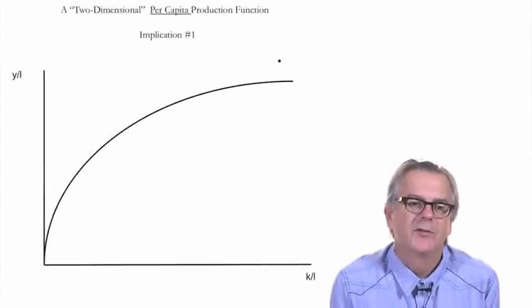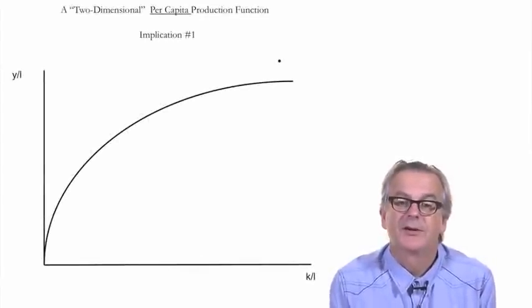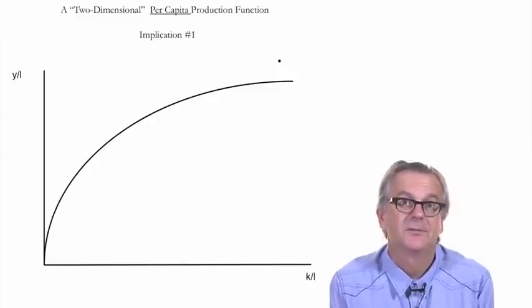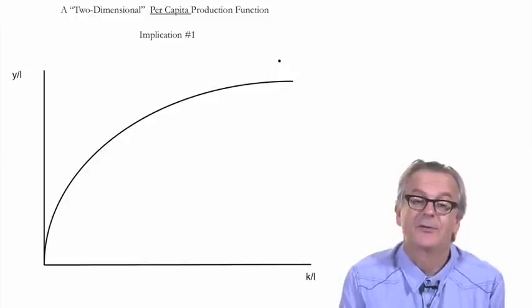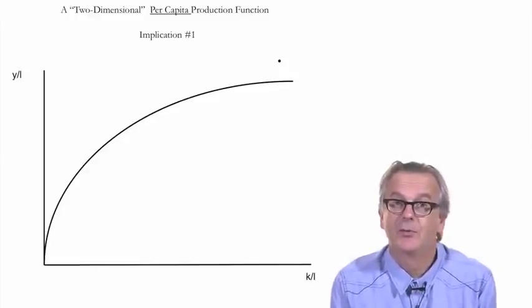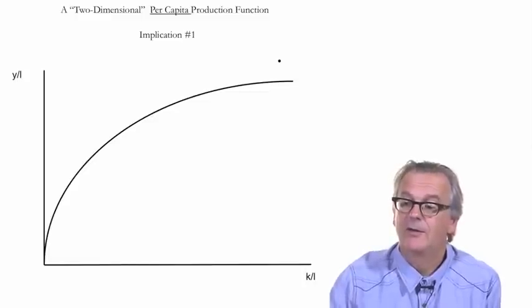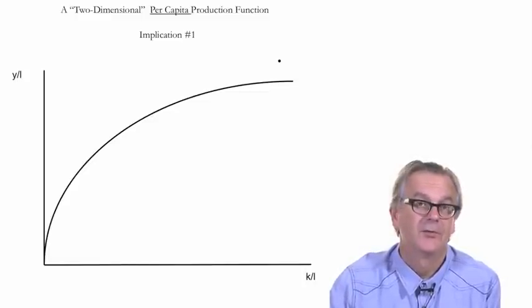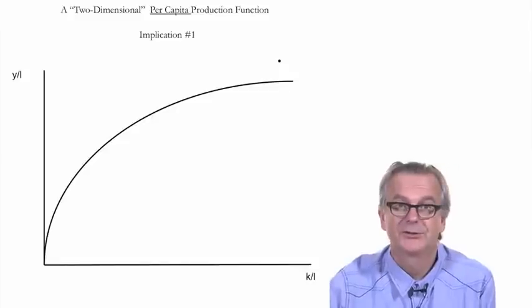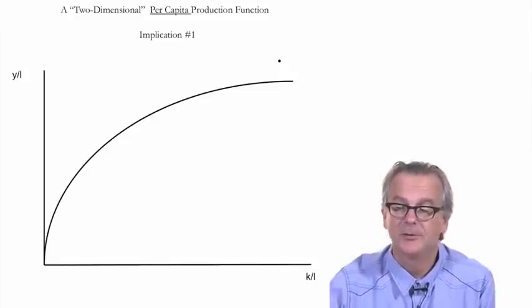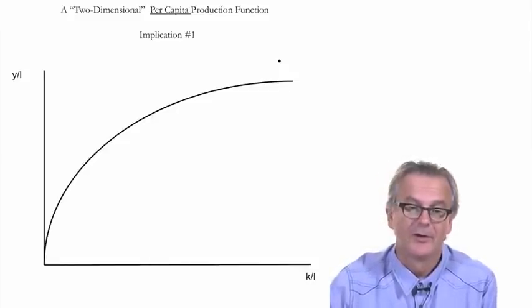This simple concept of the two-dimensional per capita production function will already enable us to say some important things about the process of economic growth. I'm going to explore two implications, and these implications will turn out to be very important to economists' story about what ultimately really matters for economic growth.